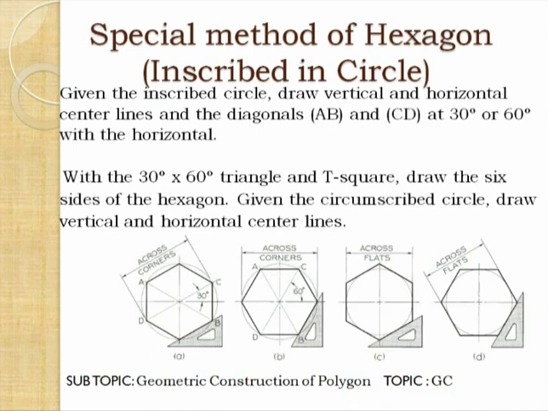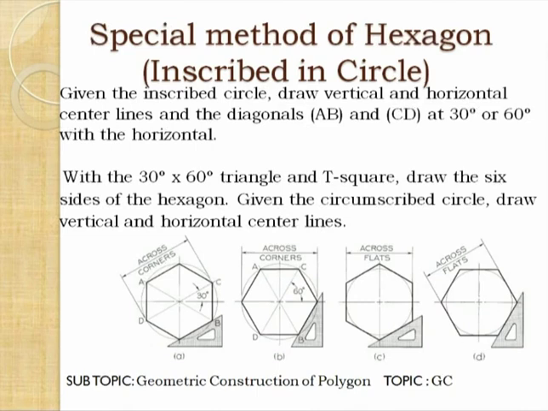Then with the horizontal diameter you draw a 30 degree line DC and a 30 degree line AB with the help of the T-square. Then you get the points A, B, C, D and you join all these points in sequence. So you will get the hexagon.